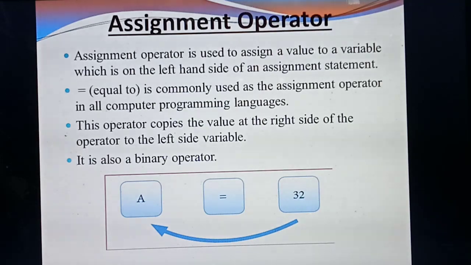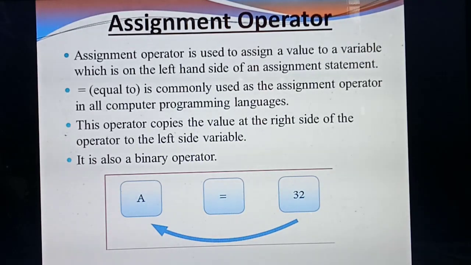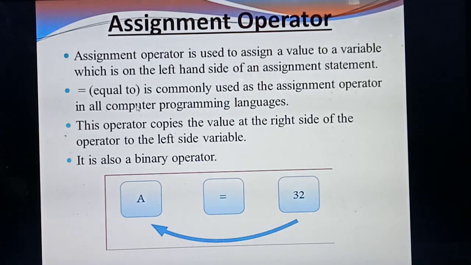See here, one example they are giving: a equal to 32. What's the meaning? It will assign the value 32 to the variable a. So it will assign the value you give on the right hand side to the variable on the left. Which symbol is used for assigning the value? Equal to. Very, very important question: which symbol is used as the assignment operator?